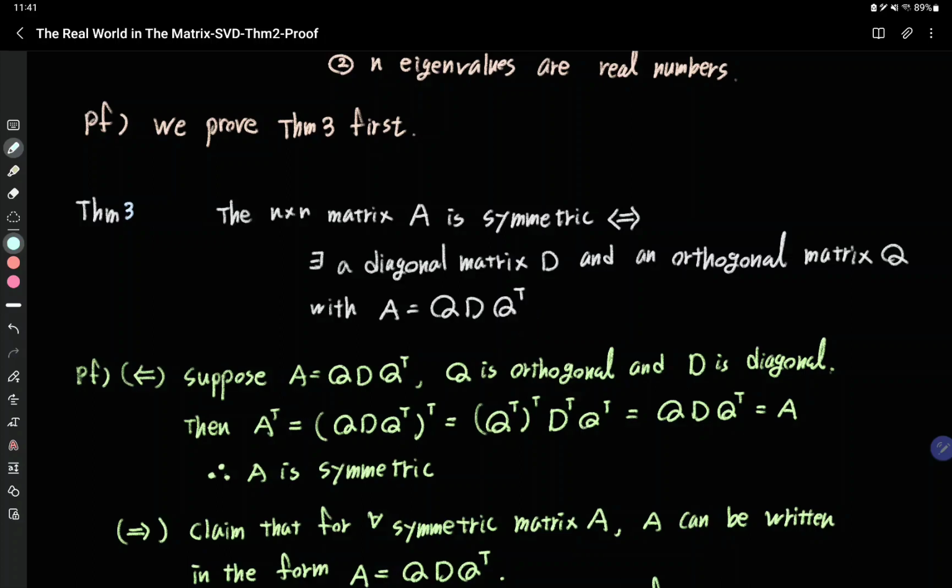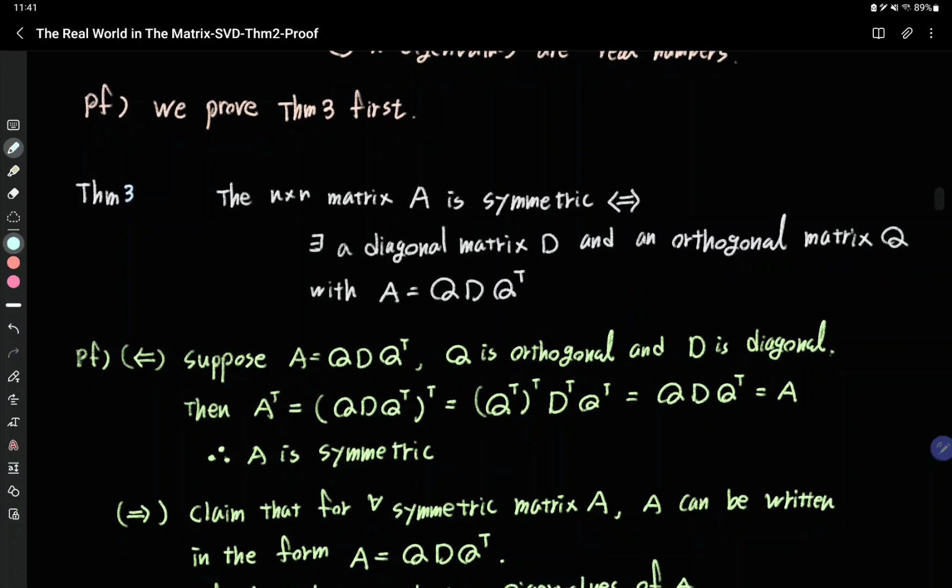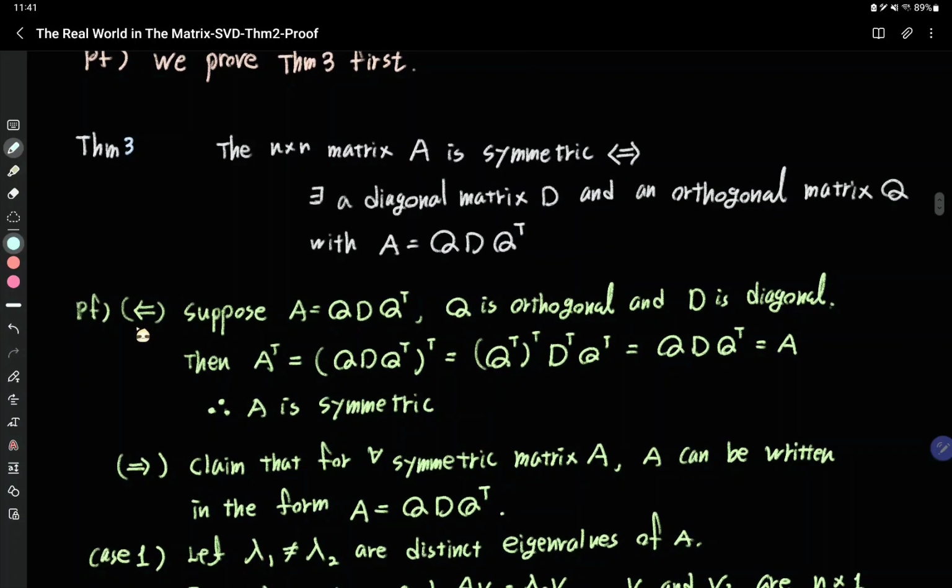This implies A is symmetric. In this direction, we need to prove that A is symmetric, but we assume that there exist a diagonal matrix and an orthogonal matrix Q so that A can be factorized as QDQ transpose.